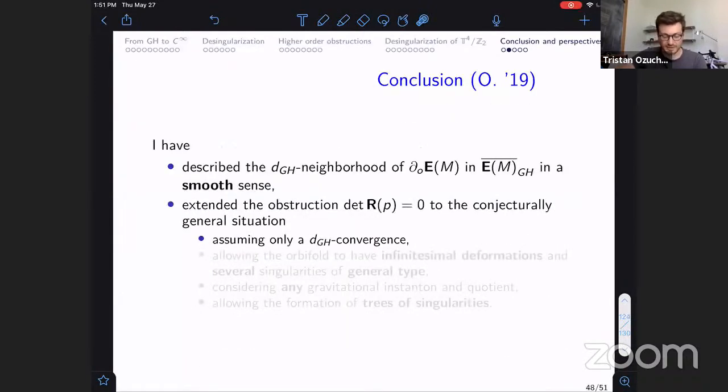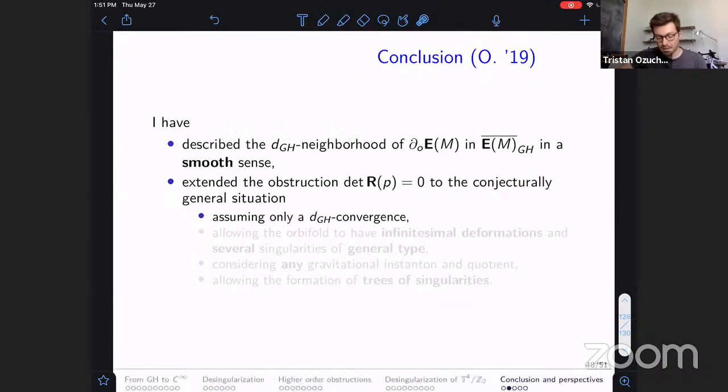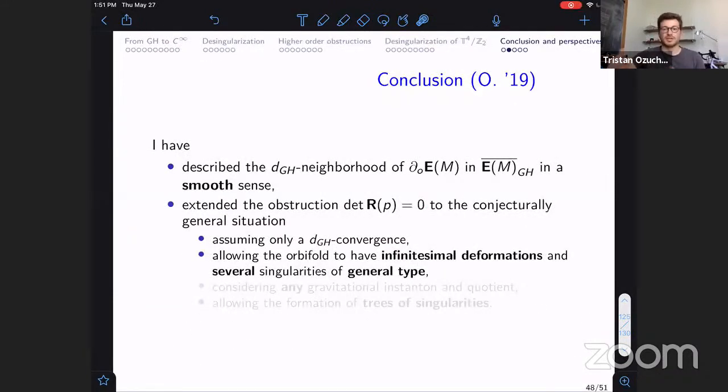And this procedure works well because it lets us extend this obstruction found by Biquard to the conjecturally general situation, where you first only assume a Gromov-Hausdorff convergence instead of some weighted norm. You allow your orbifold to have deformations, which is the case of most Kähler-Einstein metrics, for instance.